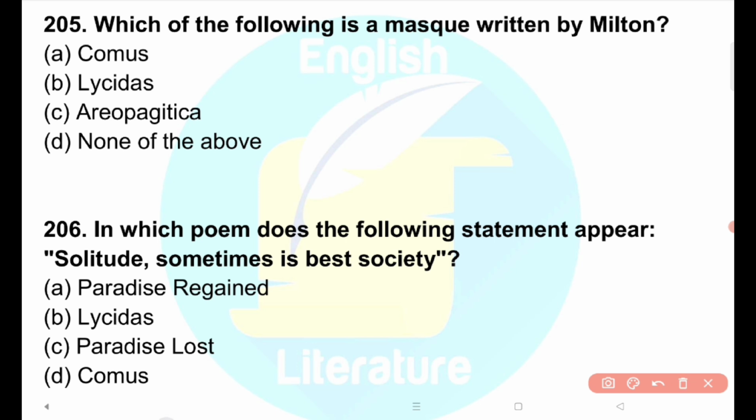In which poem does the following statement appear: solitude sometimes is best society? Option C, Paradise Lost.